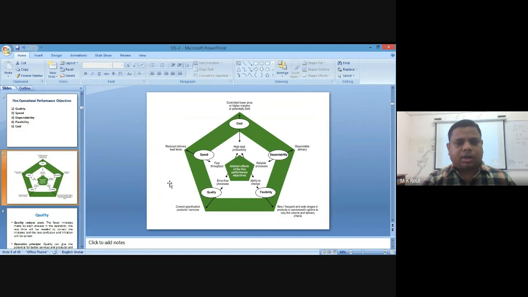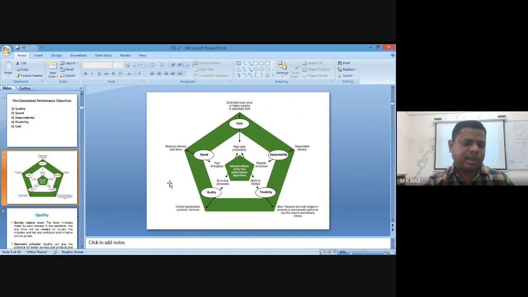In this part, we go to the internal effect of the 5 performance objectives. As I told, the first one is your quality, speed, then dependability, then flexibility, then cost. So just think about quality. That means correct specification of products and services should be included, and these products should be error-free.